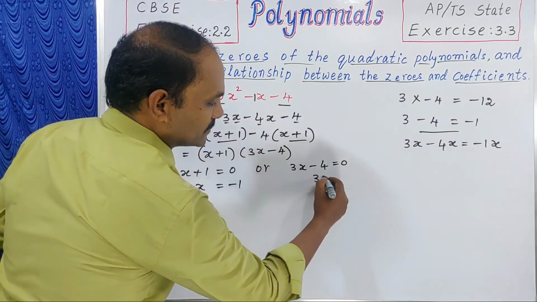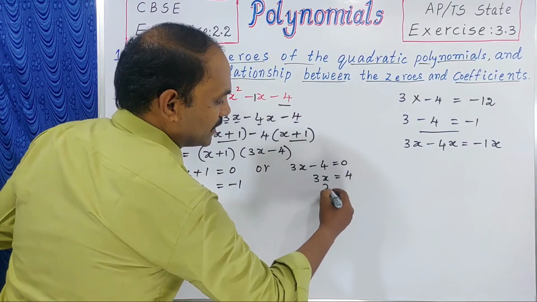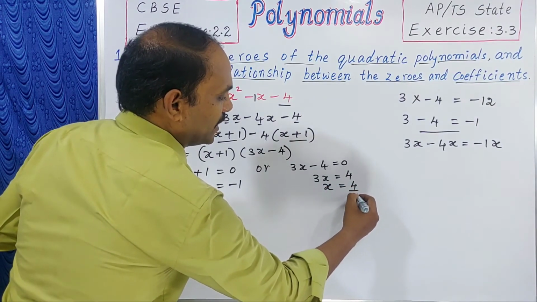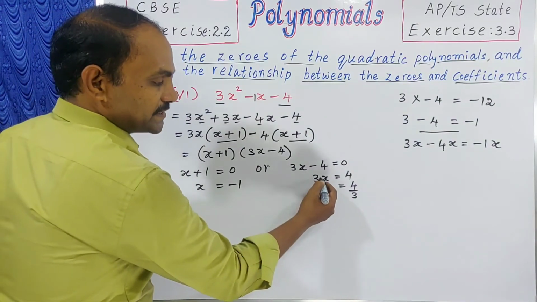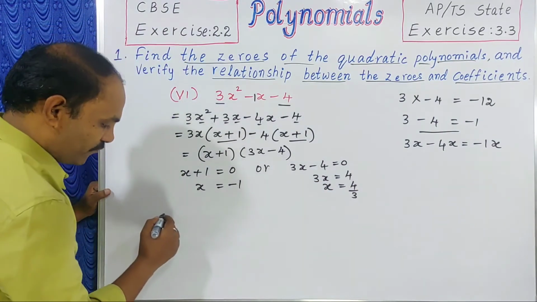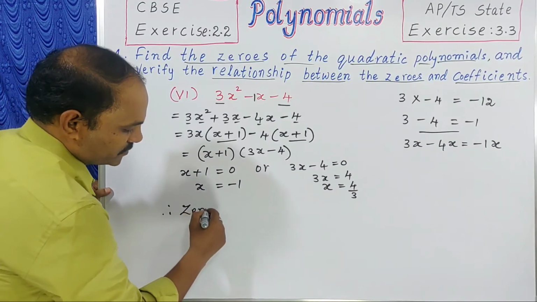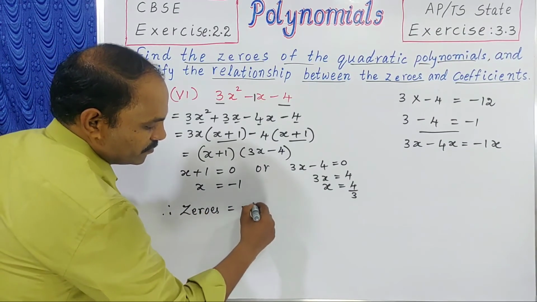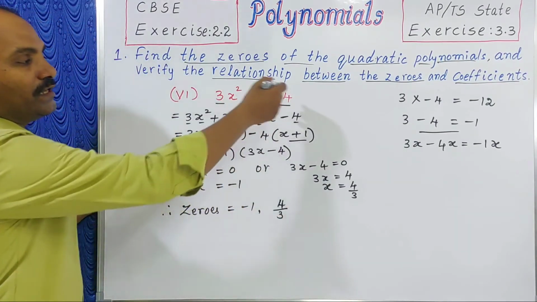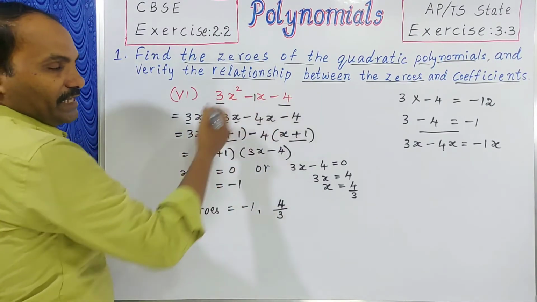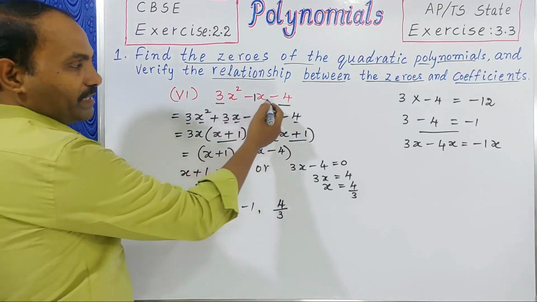Here 3x equal to 4, x equal to 4 by 3. Minus 4 becomes 4, into 3 is there, that's why by 3. Therefore, the zeros are minus 1 and 4 by 3. These two are the zeros of the polynomial 3x square minus x minus 4.